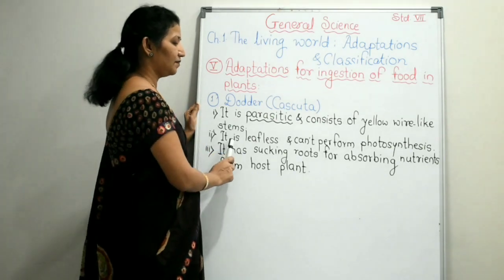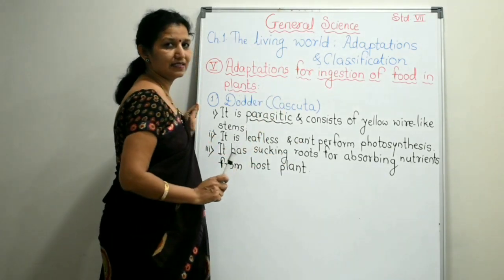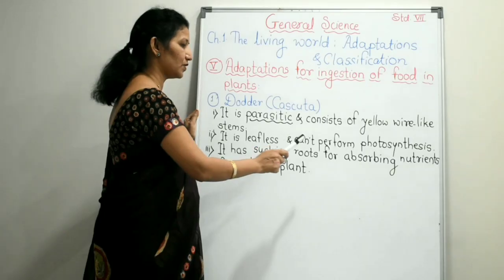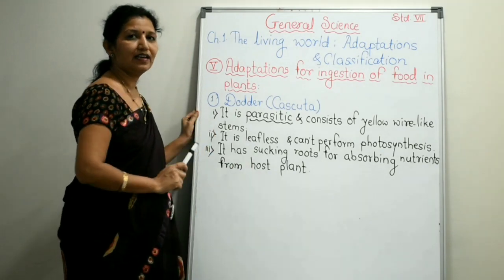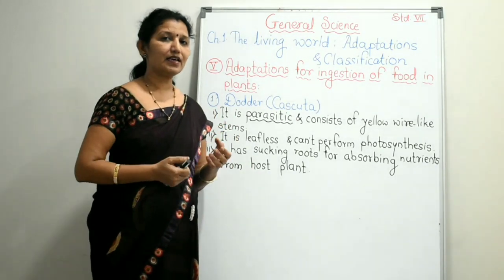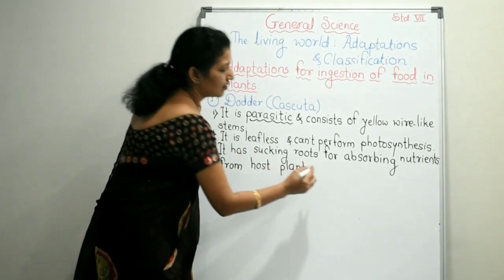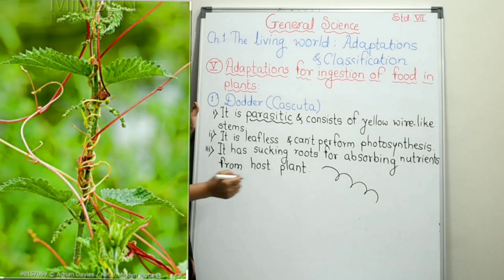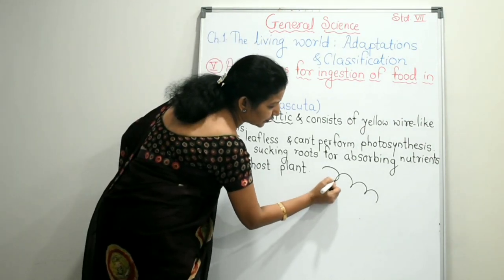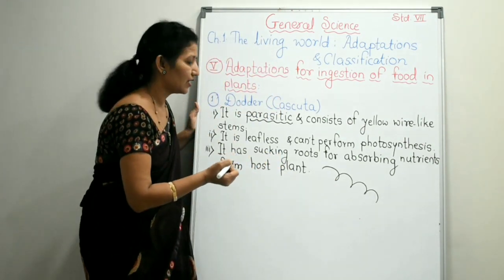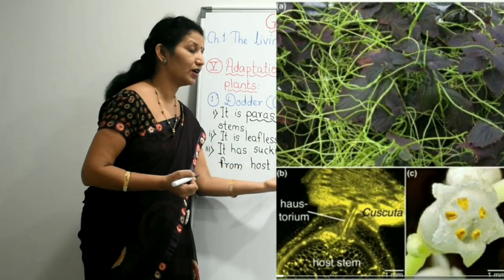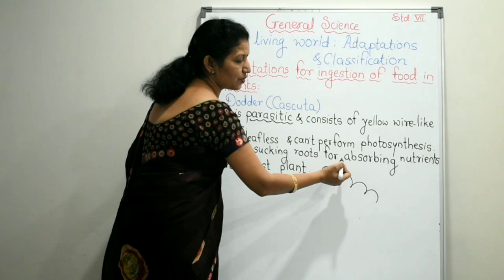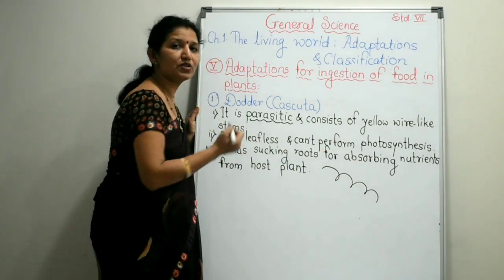It is leafless and can't perform photosynthesis, that we have already studied, and it has sucking roots for absorbing nutrients from host plants. For example, it has yellow wire-like tendrils and it has the sucking roots. These are also called haustorial roots, and these haustorial roots help to absorb the nutrients from the host plant.